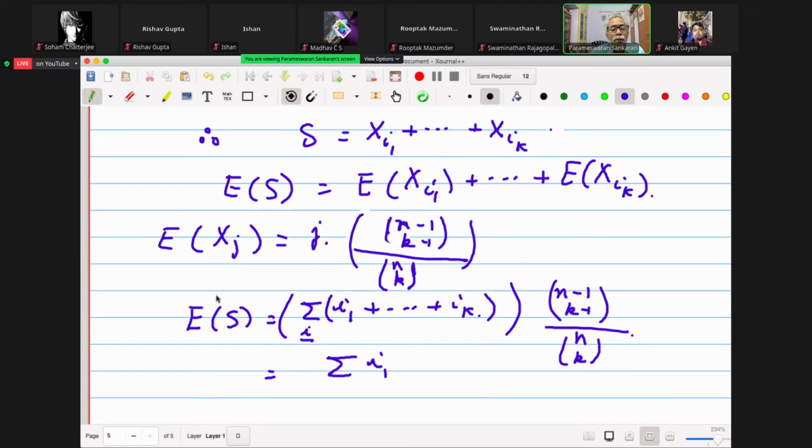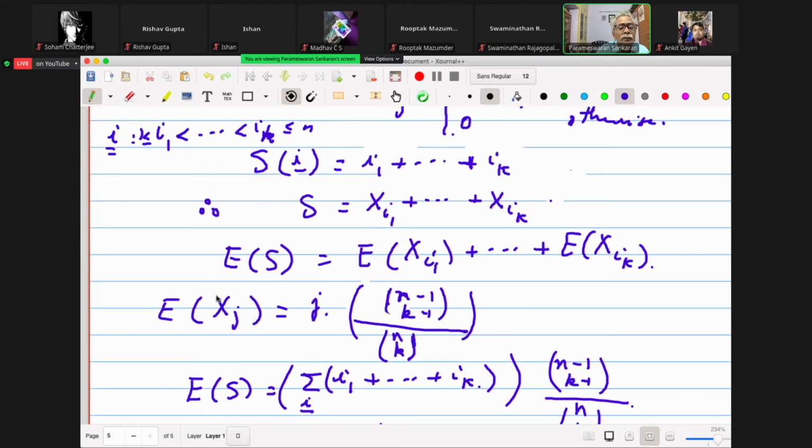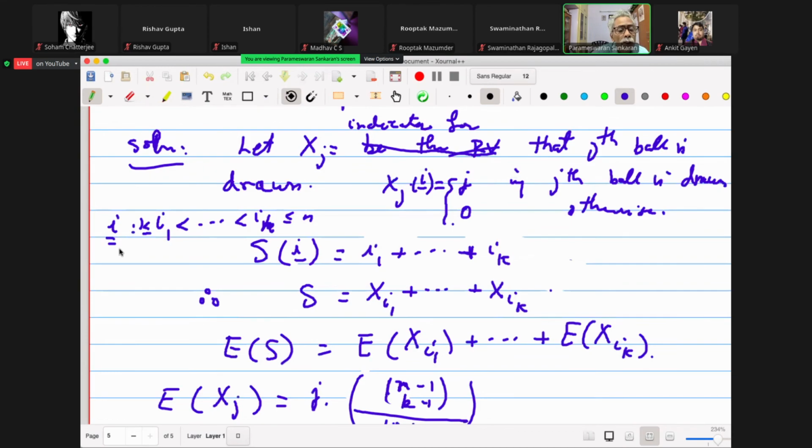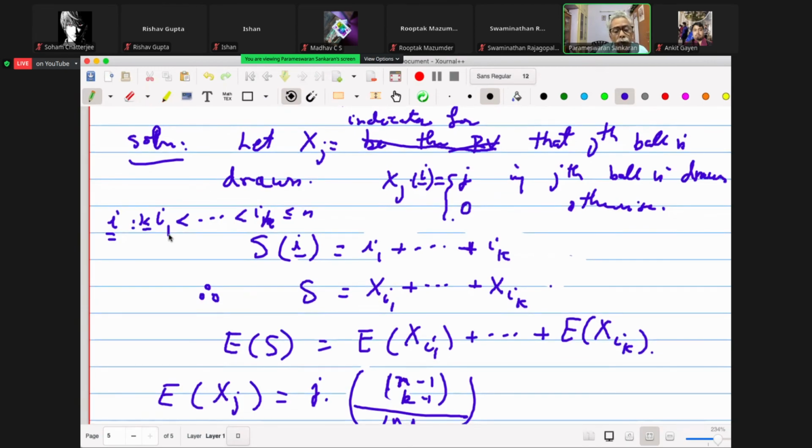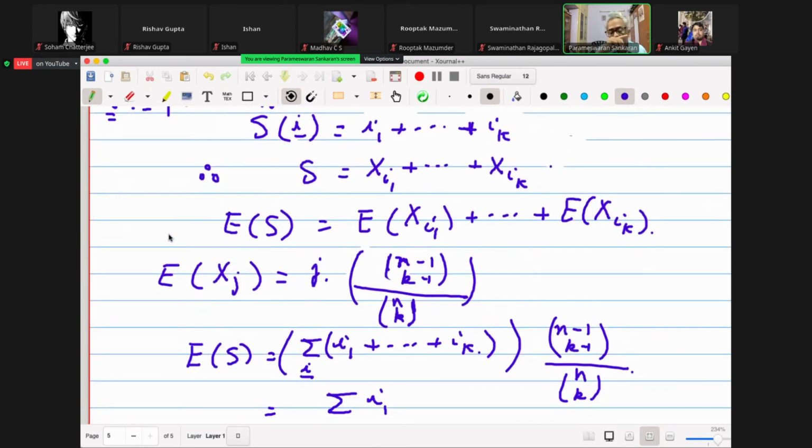How many strings like this? So you are looking at summing over all possible strings in which I1 occurs.